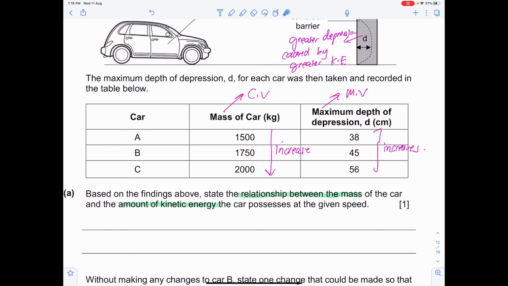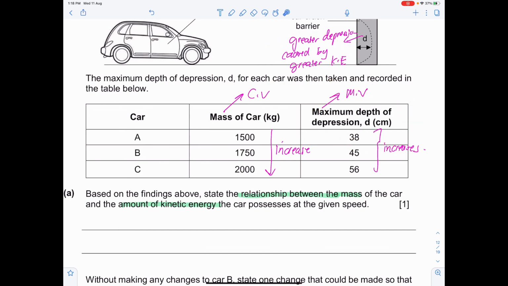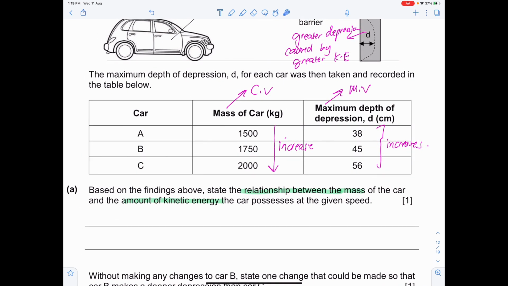You are not answering the question. Instead, you need to relate that a greater KE actually causes the greater depth of depression. So like what I explained, as the mass of the car increases, KE also increases.